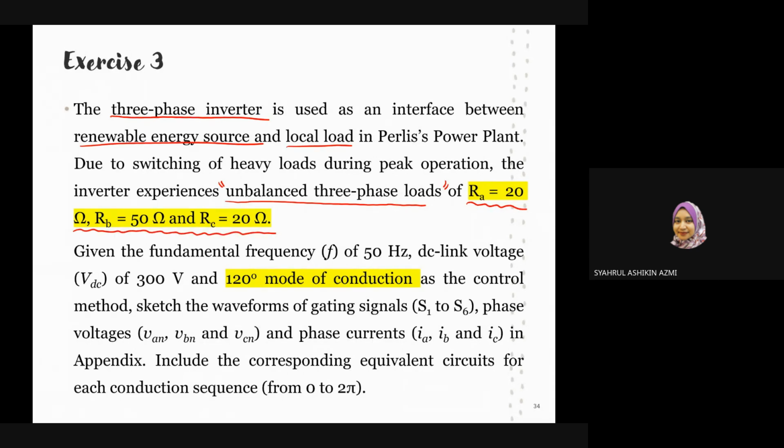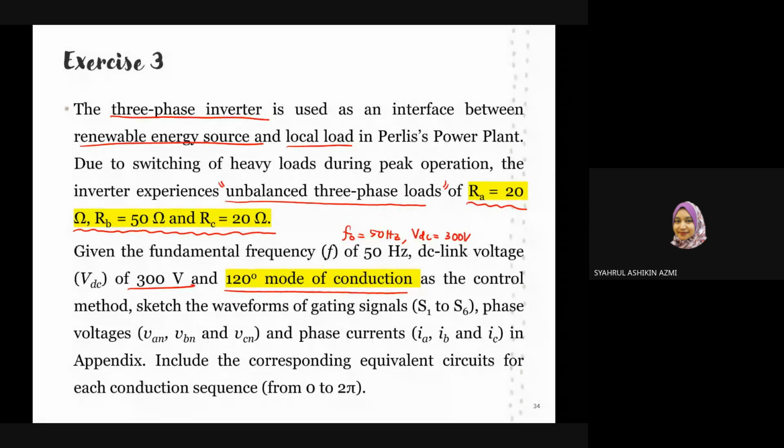Right. So given the fundamental frequency F naught equals 50 hertz, your DC line voltage VDC equals 300 volt, and the mode of conduction is 180.